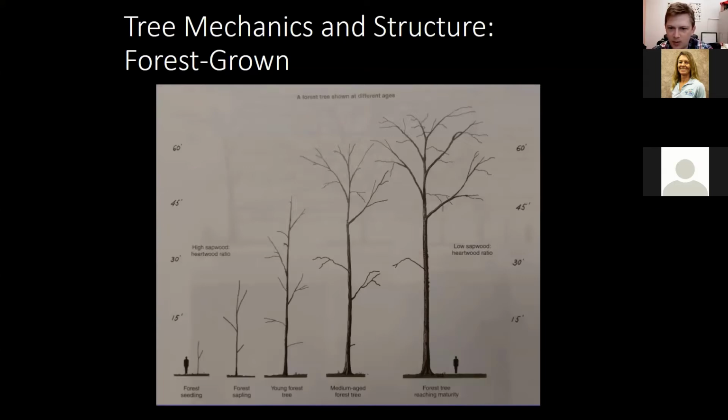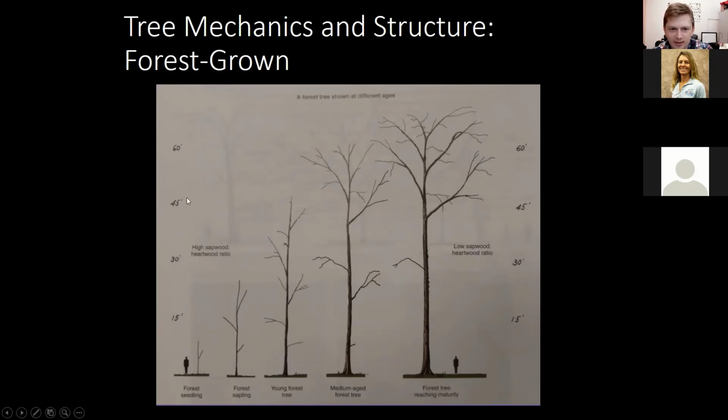This is actually a much stronger form a lot of times, because all of the weight and gravity is in the one central stem, and the tree isn't being pulled in multiple directions by its own weight, so to speak. So these forest-grown trees typically have pretty good form and strength. Another thing to keep in mind is they're all supporting each other at the top of the canopy. They're able to distribute their weight on other trees as well. They can lean on each other.